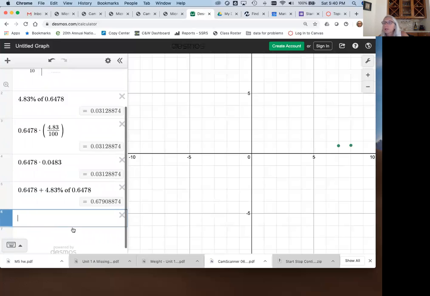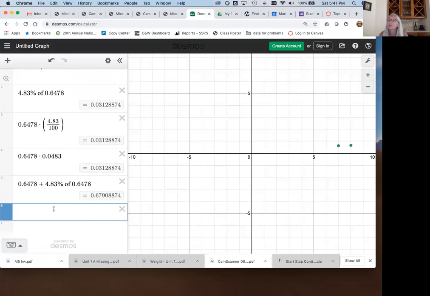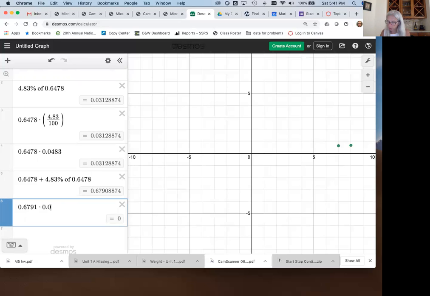So the next one is, well now again, I have to add 4.83%, but I'm not adding this 0.03128874 because that's 4.83% of the 0.6478 value. It's not 4.83% of this new output. So every year I'm going to have to find out what is my increase. So I'm going to take again this 0.6791 and multiply that by 0.0483 to get my new increase.